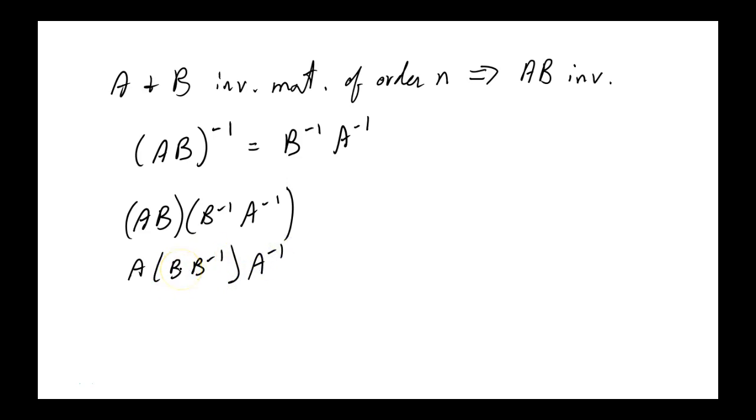What's B times B inverse? Remember we said A and B are invertible matrices, so you know that B has an inverse. And what is a matrix times its inverse? What does that always result in? It's certainly going to be square, a very specific square matrix.